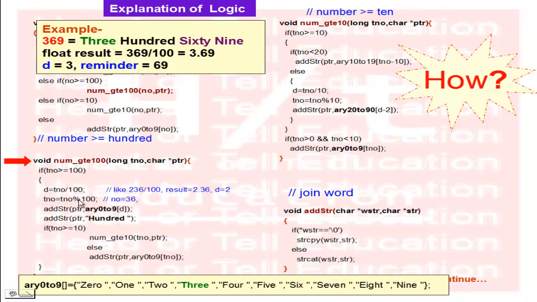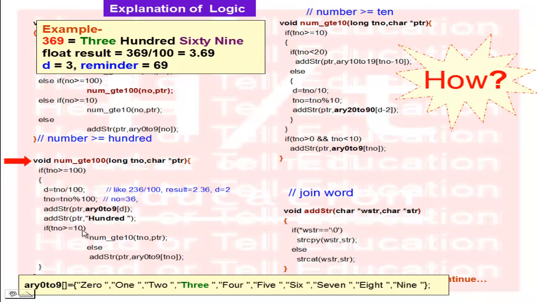Now next, because the number is greater than or equal to 100, we need the 100. So after copying 3, we copy the 100 to join, meaning concatenate. So this function is called here and concatenates the word. So we have created two words here, 3 and 100, from this array.